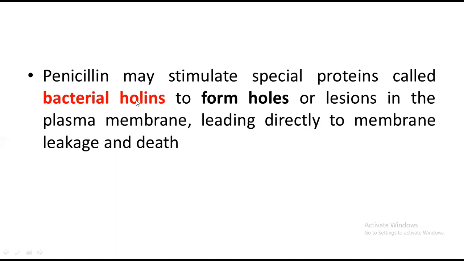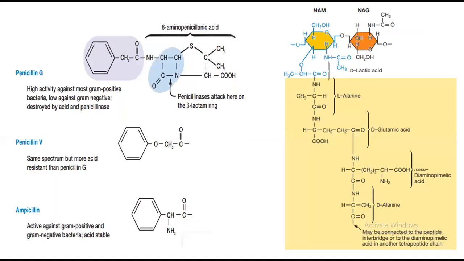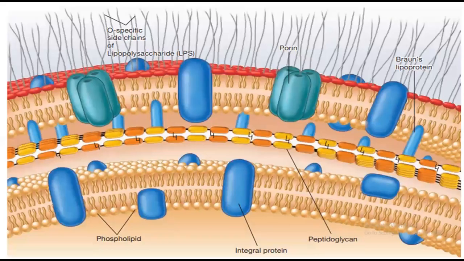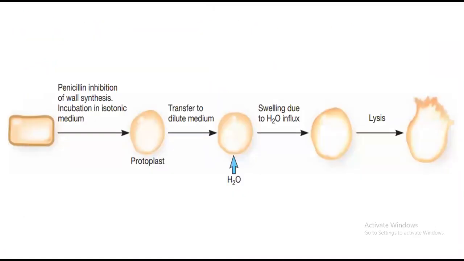So these two points are a hypothesis and a theory. But the first point, as I have mentioned in this slide, is experimentally known, and it is 100% true. These two are just a guess and a hypothesis.